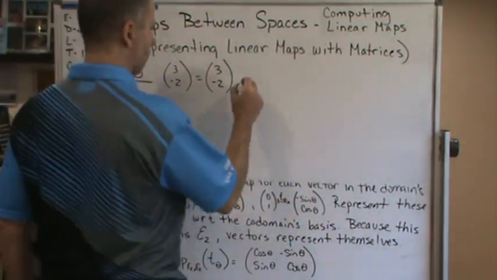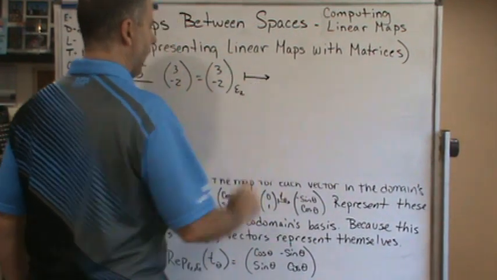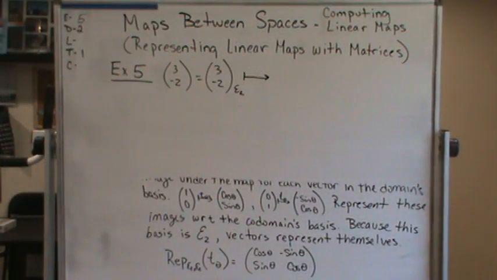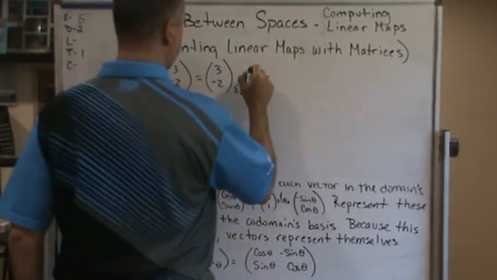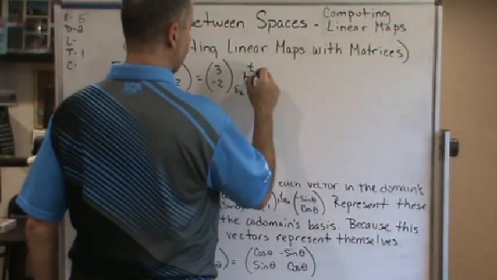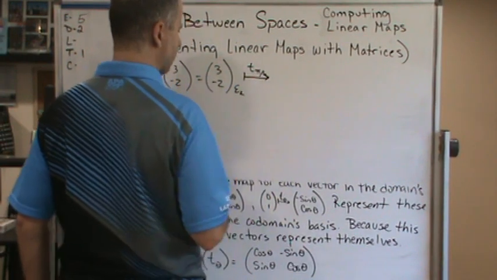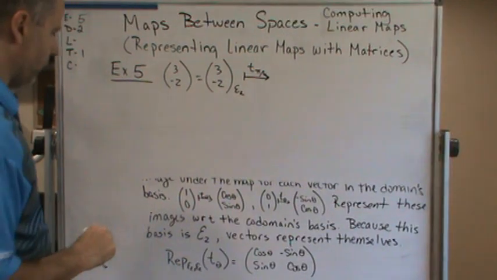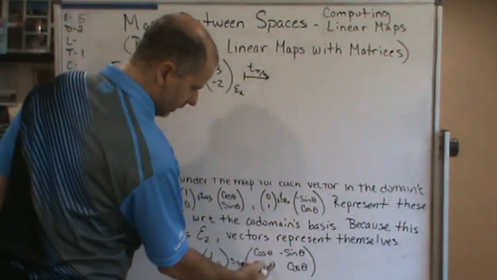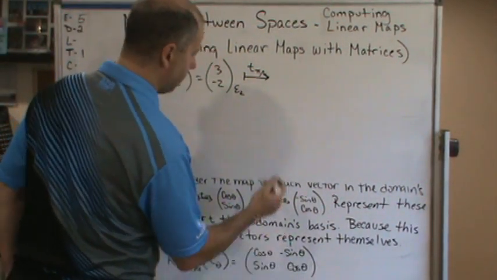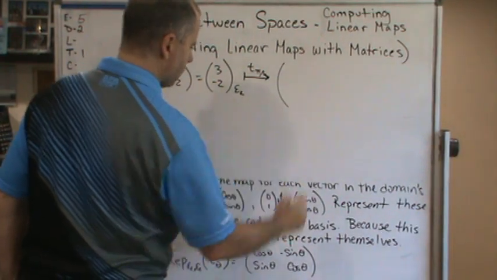Now, as we go through the mapping, this is going to be T sub pi over 6. All we're going to do is input pi over 6 for theta. So what are we going to get?